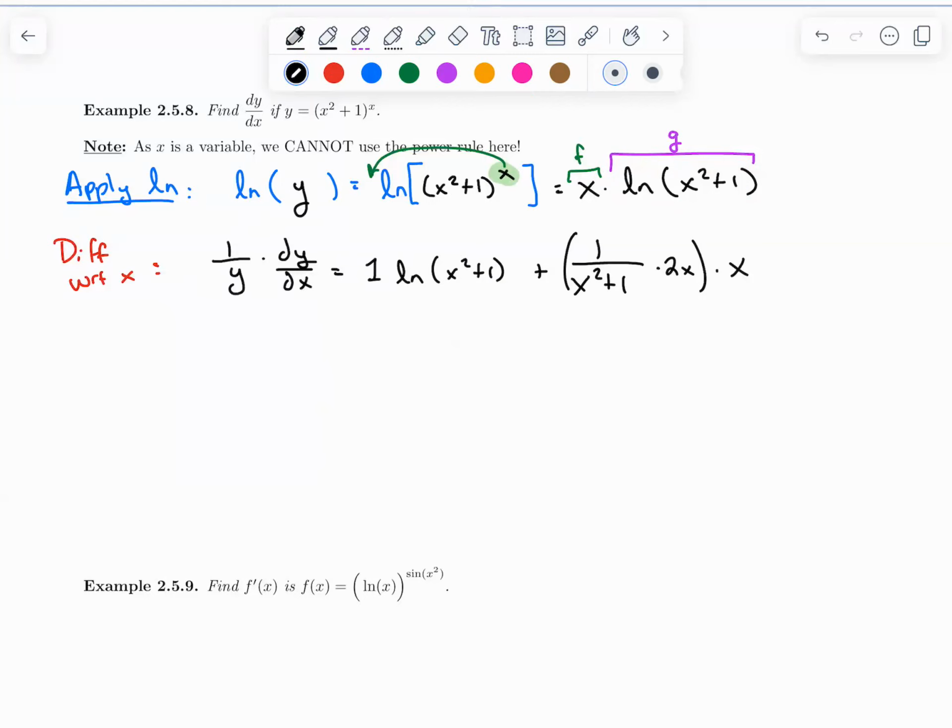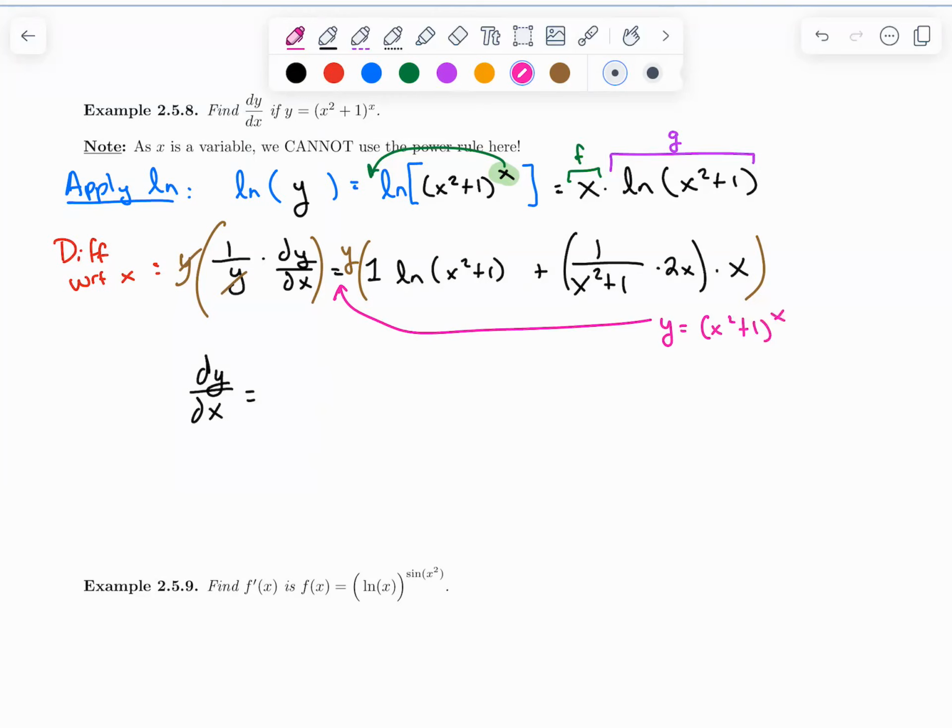And at the end of the day, in order to solve for dy dx, we have to multiply both sides by y. So dy dx is equal to, but remember here, y is equal to x squared plus 1 to the x.